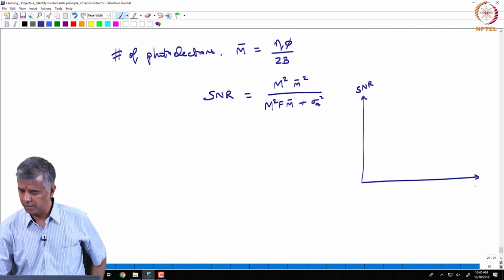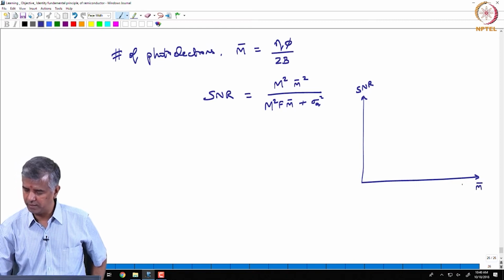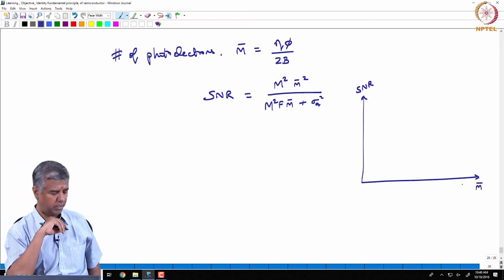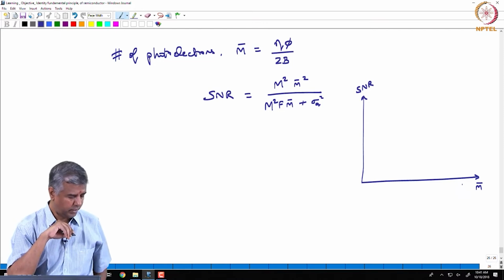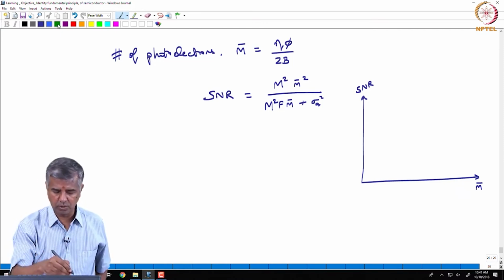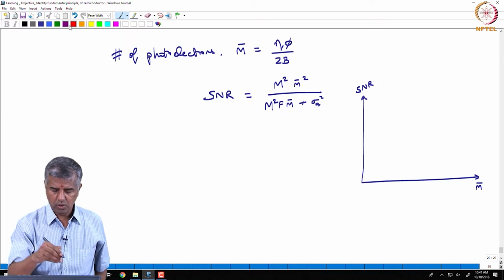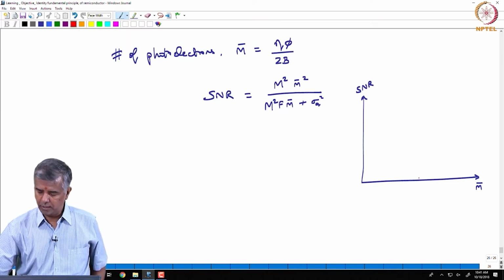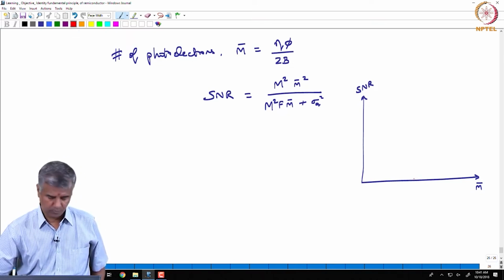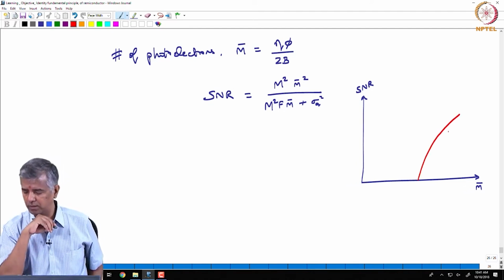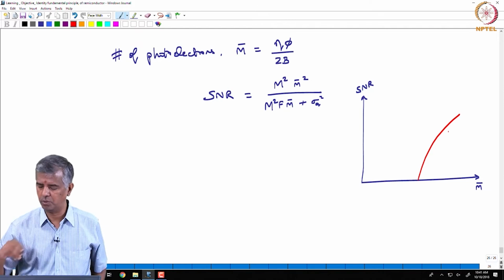So, you have SNR plotted as a function of the number of photoelectrons, and in this what you will find is, without APD, you are going to have something like this.